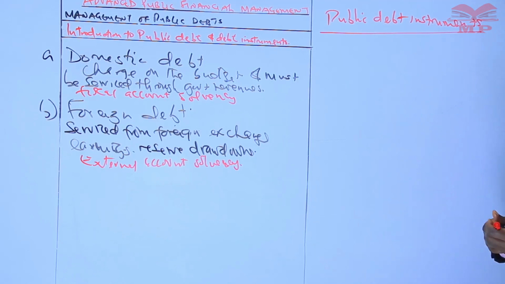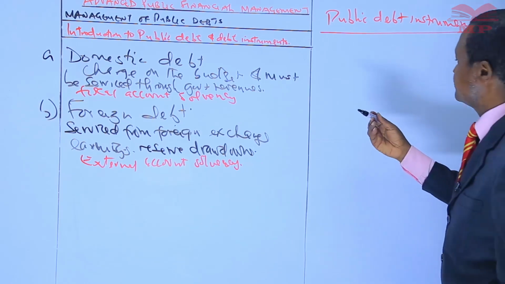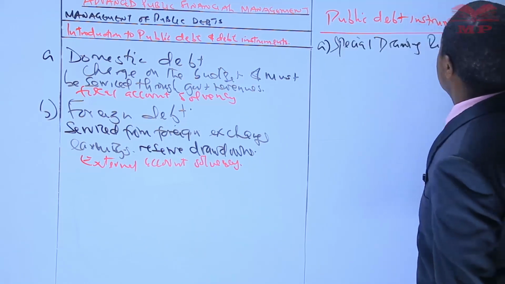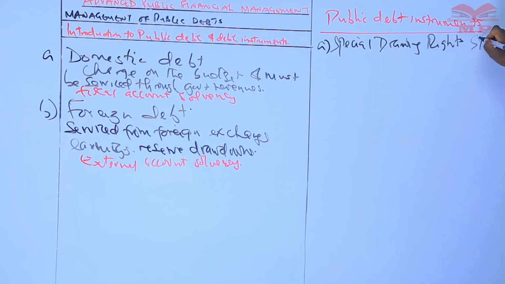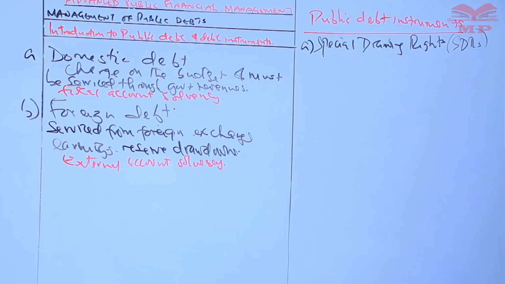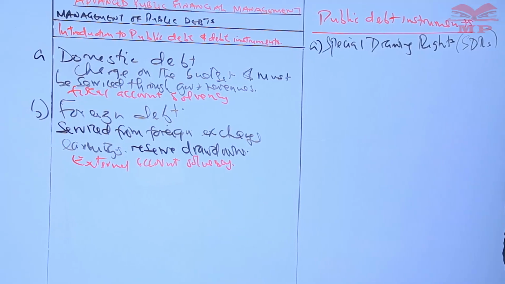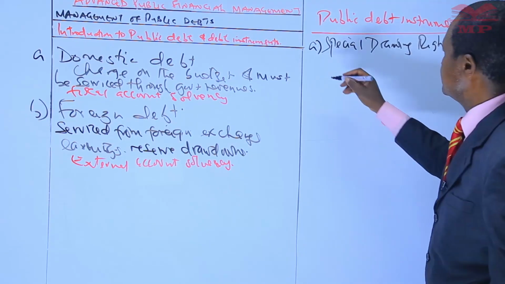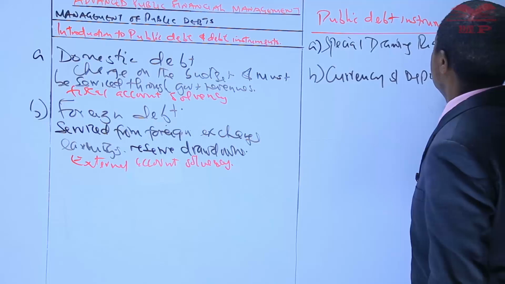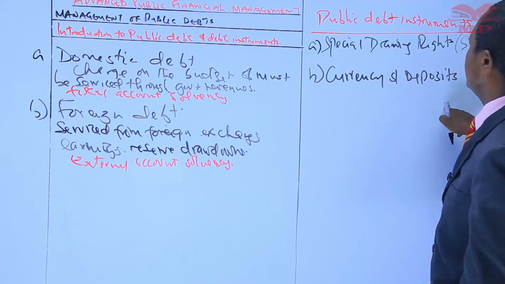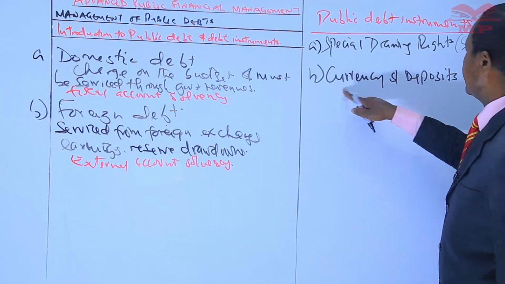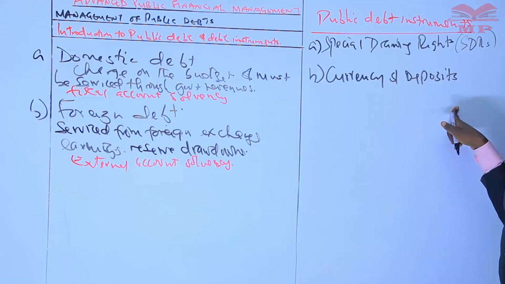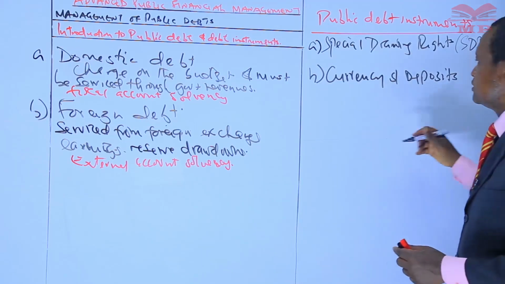And these instruments include special drawing rights, the SDRs. Then we have what we call currency and deposits. This is another form of debt instruments, currency and deposits.